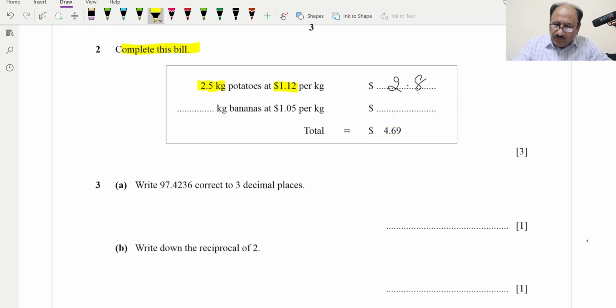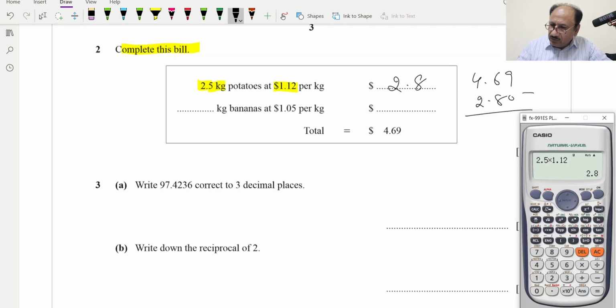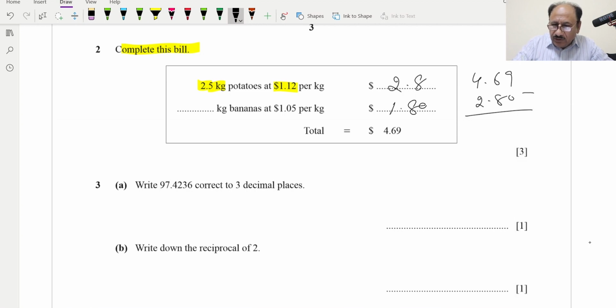So we can subtract 4.69 minus 2.80, and this will be equal to 1.89. So here will be 1.89 amount, and per kg rate is provided over here.